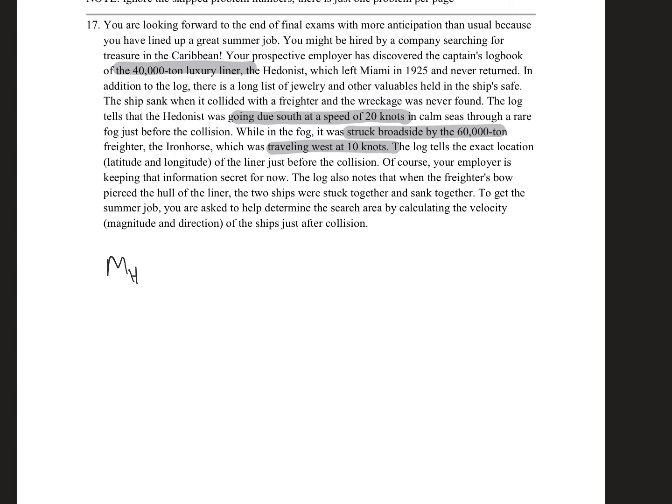So the mass of the Hedonist and the velocity of the Hedonist, what a party ship, I guess, if they're all hedons on it, and the mass of the Ironside and the velocity of the Ironside is going to be equal to their total mass and their final speed. So it's not energy conservation, it's momentum conservation.